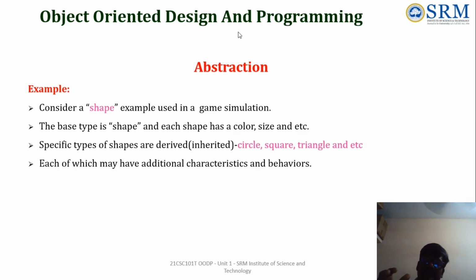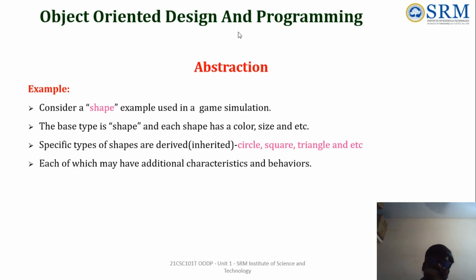So the implementations are circle draw, square draw, triangle draw, line draw, etc. But the common thing is the generic name given as drawing a shape. So this is another example of abstraction. One is driving a car, the second is ATM usage, and the third is drawing a shape. So that is abstraction.